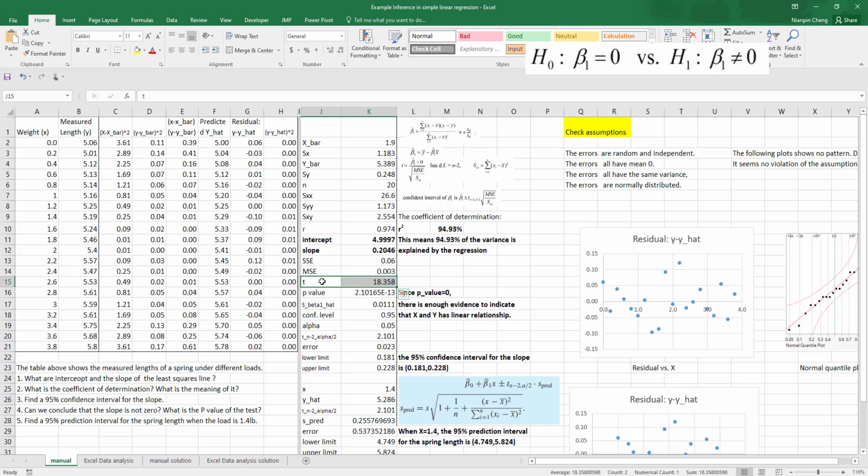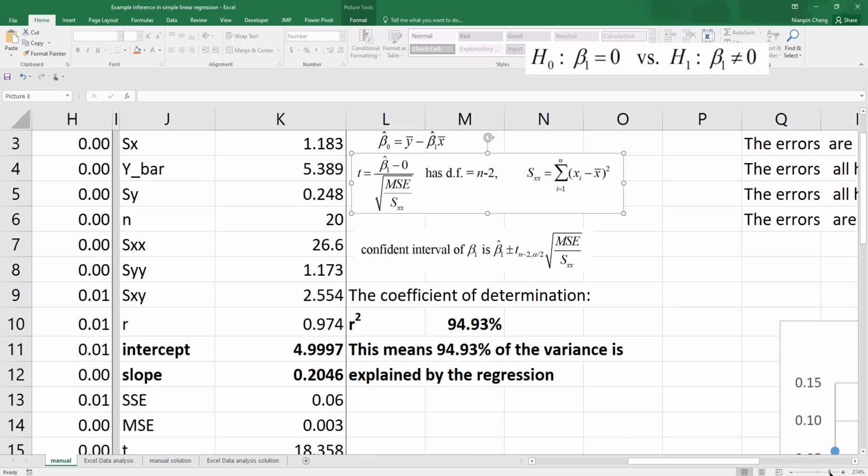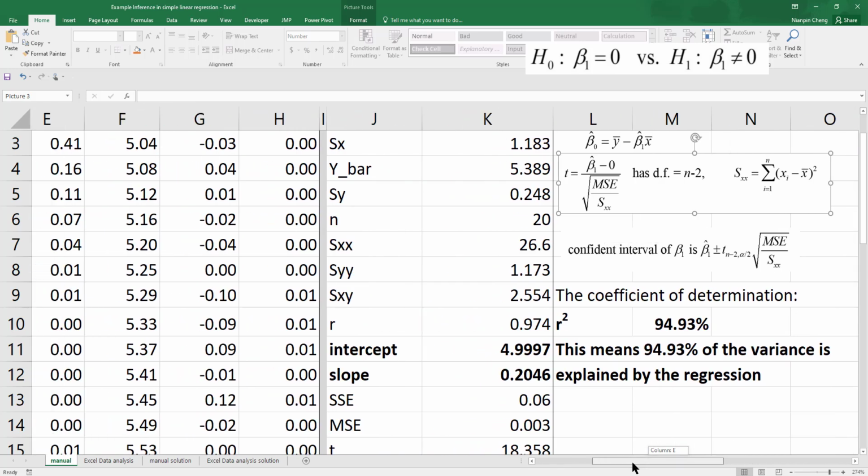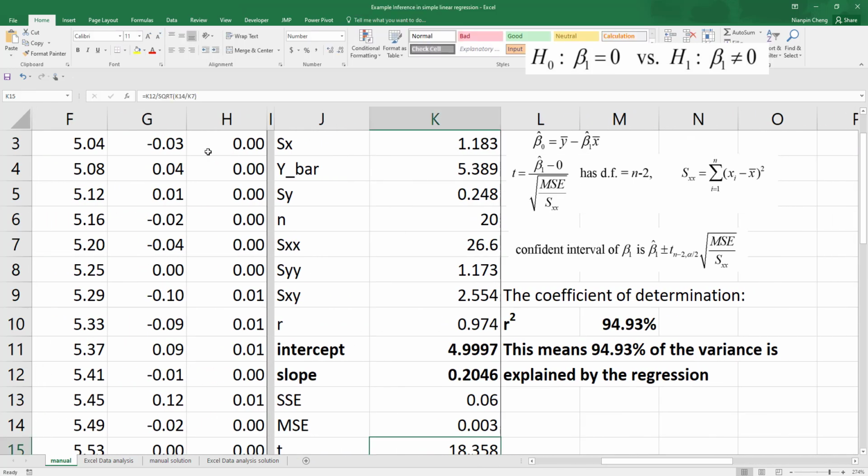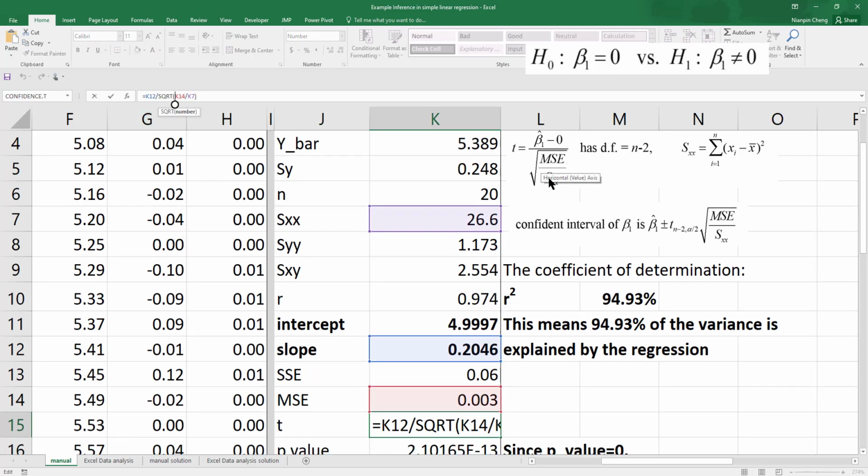The t-value is based on this formula: slope minus 0, divided by the standard deviation of beta 1 hat, which is the mean squared error part over the sum squared x. We calculate the t-value just based on this formula.